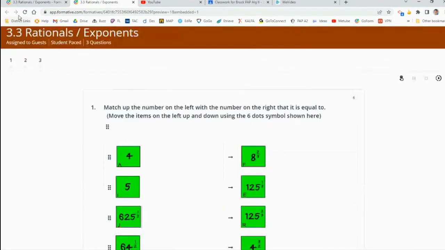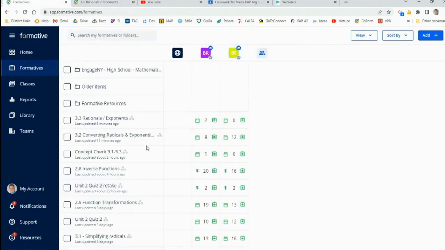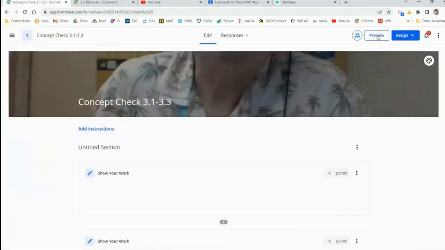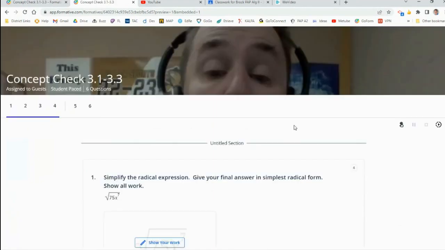All right. Let's look also while we're going through stuff at our concept check this week. Let's get a preview of that. So here's the other assignment. Like I said, you have 2 assignments. Here's the second one.